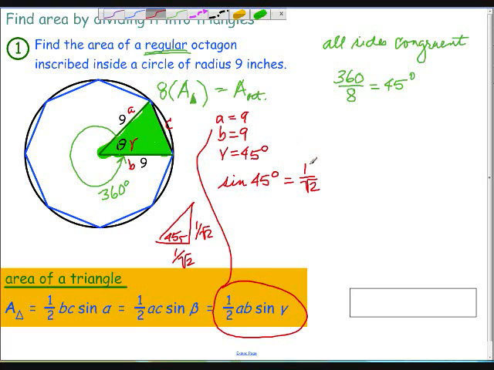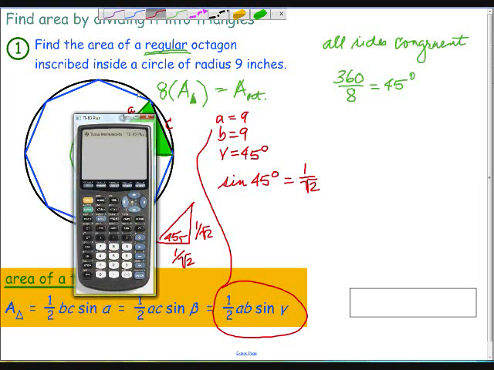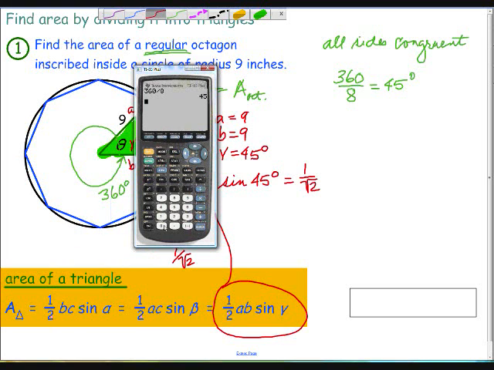Anytime you're dealing with area, that kind of dimensional question, we actually are going to need to convert this into decimal. 1 divided by the square root of 2 gives us a decimal of 0.7071.